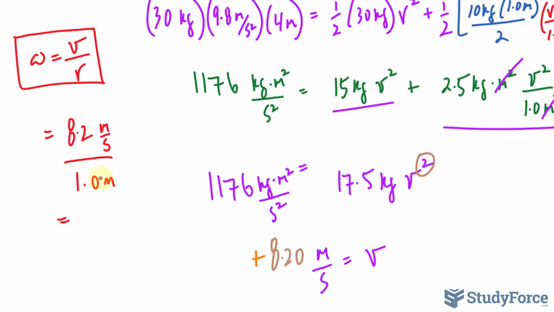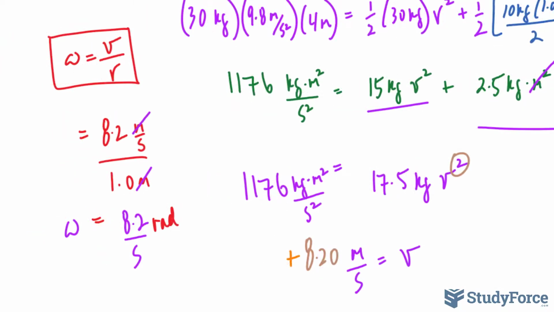If we divide these two numbers out, the meter unit and that meter unit will cancel out, leaving us with 8.2 per second. That is the angular velocity, and normally you will see this represented with radians at the top because angular velocity deals with angles. So we put radians per second. If you don't have to, you can leave out radians.